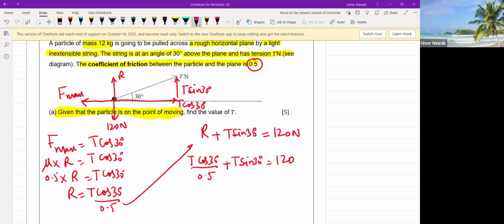So x times cosine of 30 over 0.5, plus x sine of 30, closing the bracket, then the equal sign, then 120, shift solve, and that gives me the answer 53.8. So tension is equal to 53.8 newtons, to 3 significant figures.